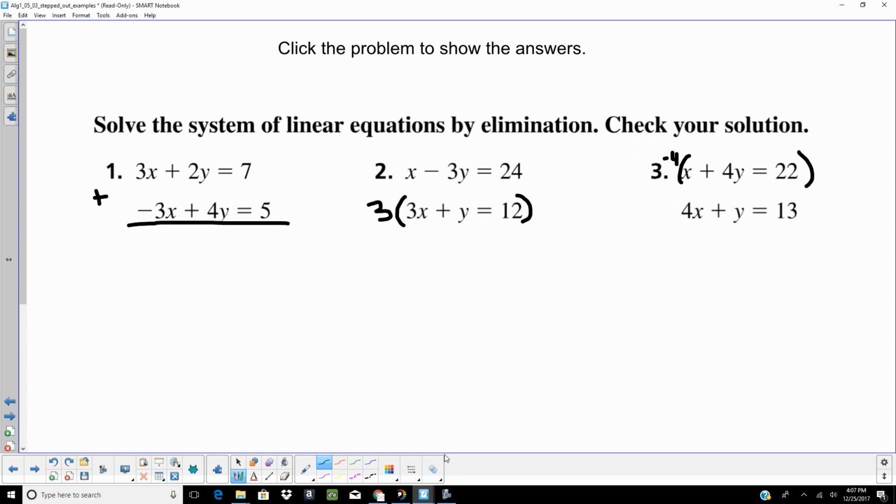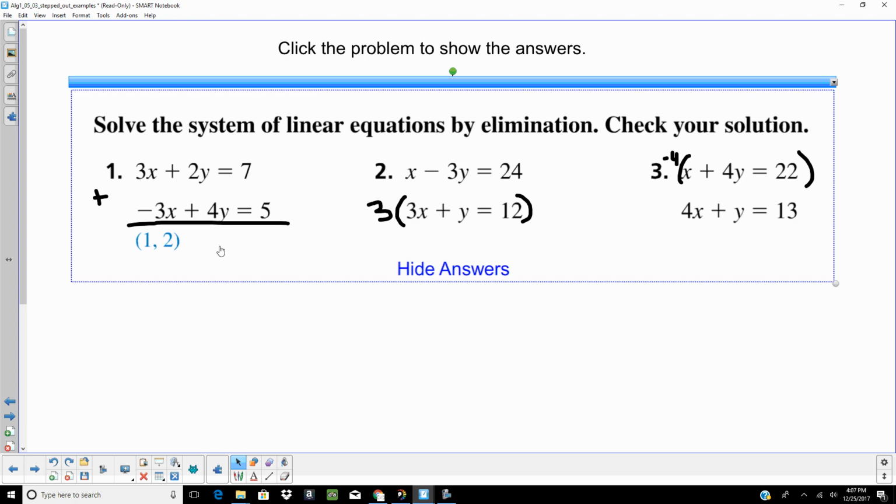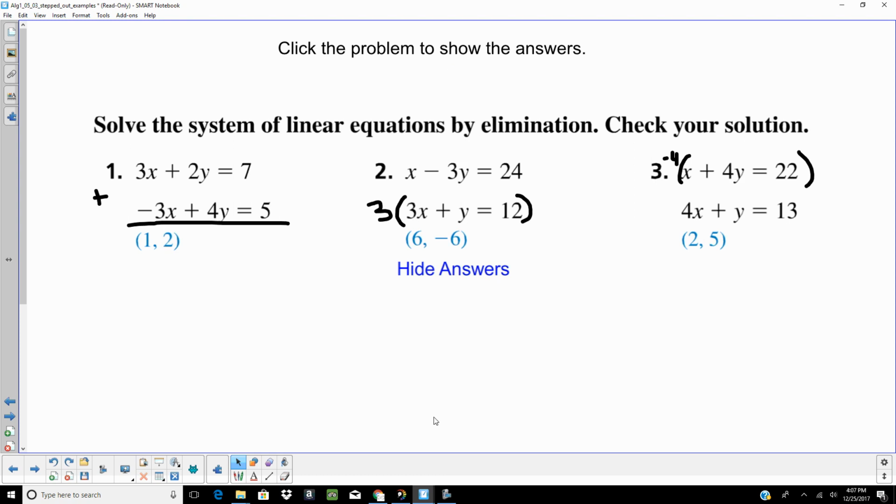Go ahead and hit pause. Check your answer. And again, you should always be able to verify that you have the correct answer by plugging in x equals 1, y equals 2 into both equations, and it should work out.